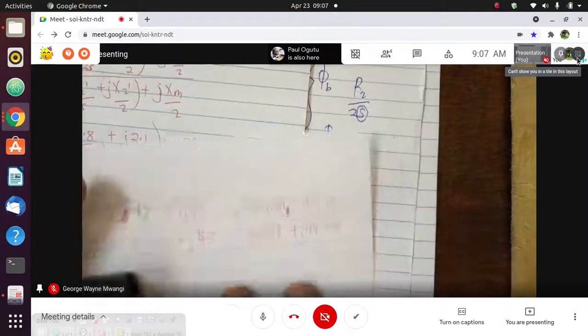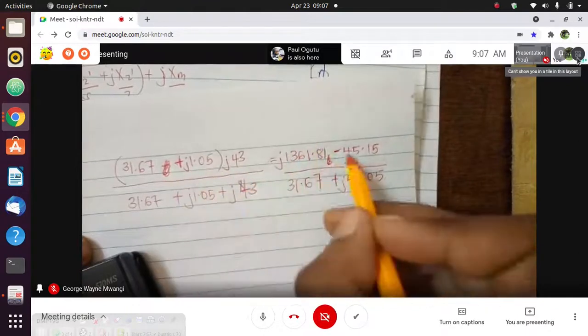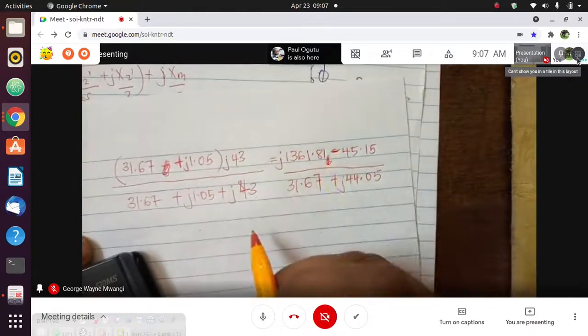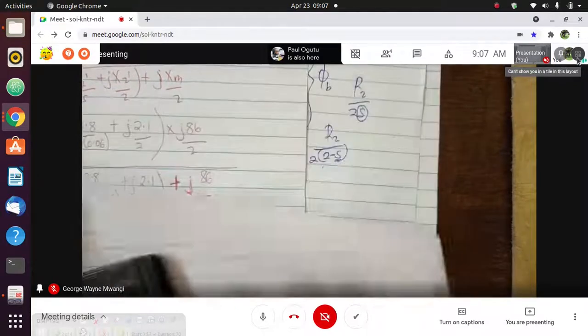Now what I want you to notice here is that when you have this complex number multiplied by this complex number, j times j is negative. You get a negative value and the j disappears. Now what you are left with is this.